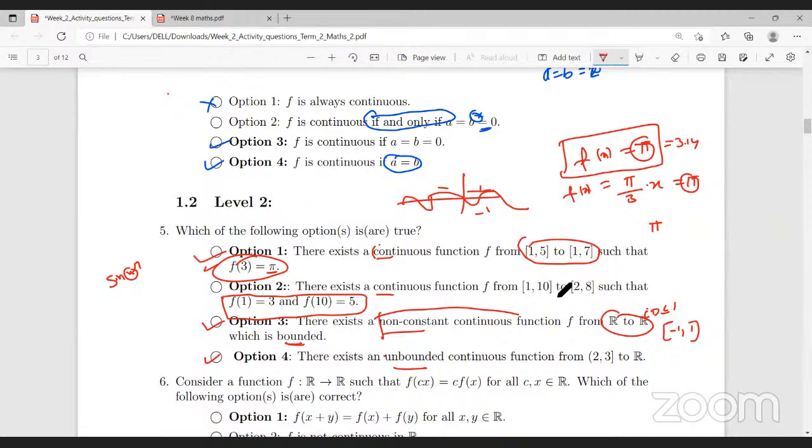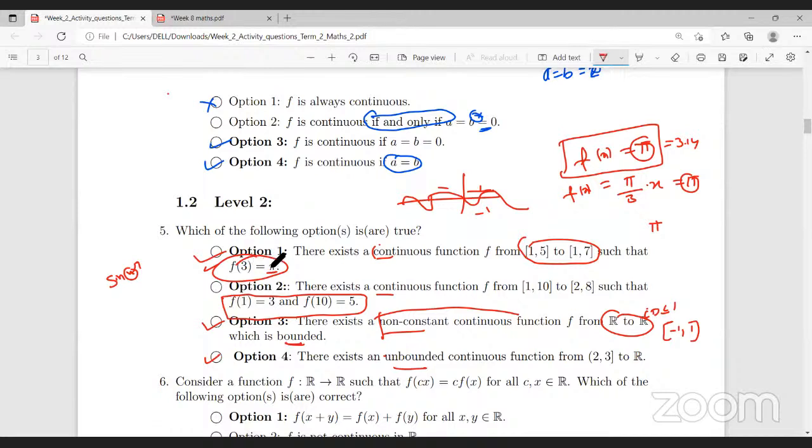Any function, anyone? What will be the value if I put 3? Without an example, how did you conclude that it is continuous?